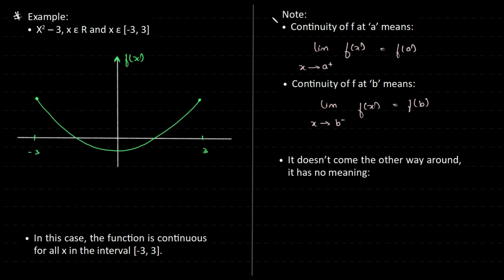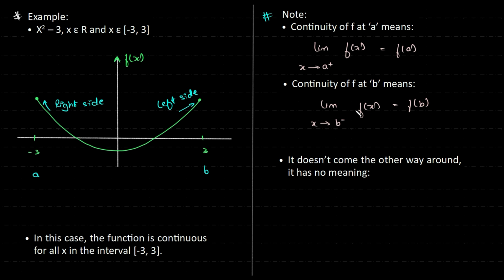So there is a small thing that we have to keep in mind before we start with the exercise question. Continuity of a function at a means, see, we are talking about a is over here and b is over here. We can approach the point a from the right hand side, while we can approach the point b only from the left side.